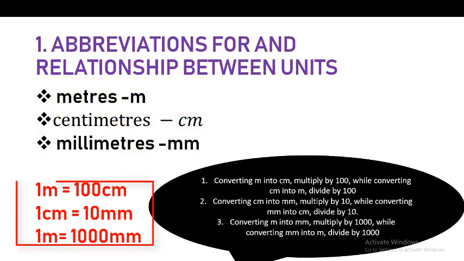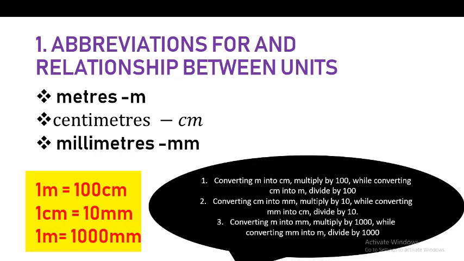Now, let us focus on the relationship between units. 1 meter is equal to 100 centimeters. 1 centimeter is equal to 10 millimeters. 1 meter is equal to 1000 millimeters. So the question is, how do we convert between units?